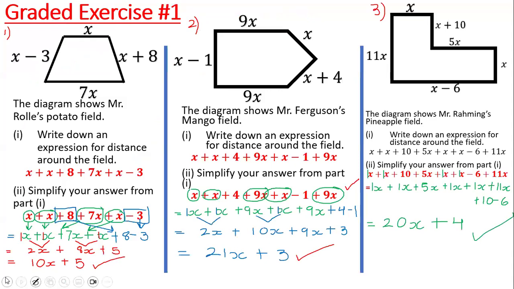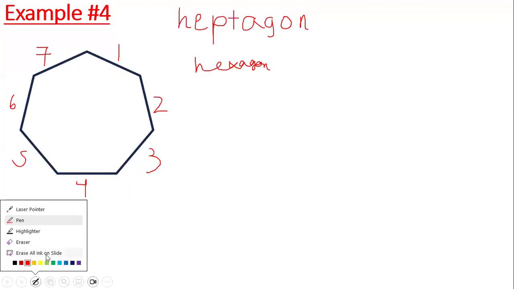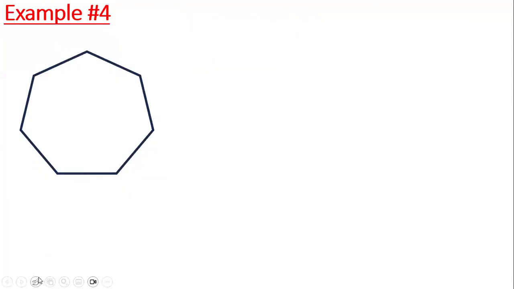So let's erase all this. Okay, what are we gonna put inside this? Do your best with the drawing. So let's say that this side is X. Say that this is X minus 2.